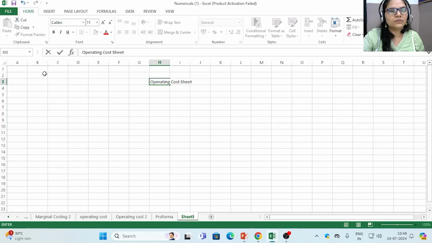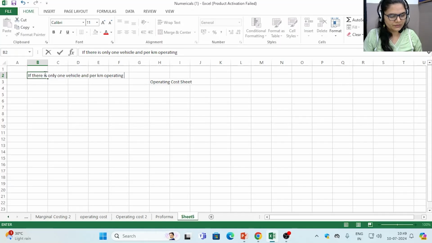This pro forma is applicable if there is only one vehicle and per kilometer operating cost is to be calculated. There is a simple format which you need to follow.